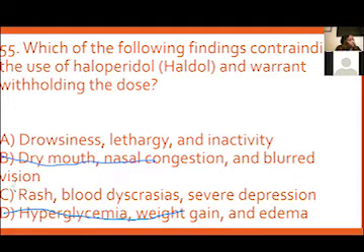So we're between C and A. And how I look at it is, which one is more dangerous? Which one will kill the patient more? Is it the rash with the potential anaphylactic shock, the blood dyscrasia like hemophilia or leukemia, severe depression, where the person's at risk for committing suicide? Is it drowsiness, lethargy, and inactiveness? Which of these do you think is more dangerous?